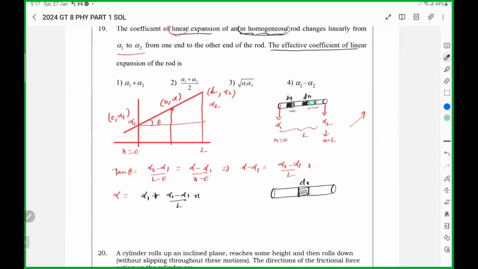For a dx length, when it changes like this, I will say it as dx dash.